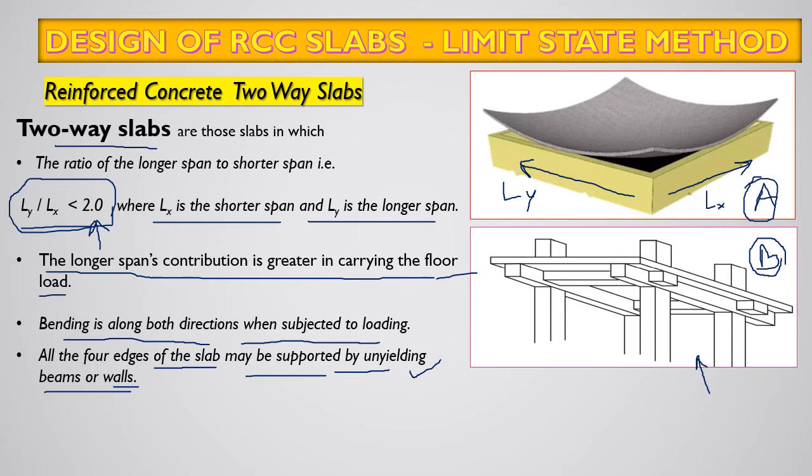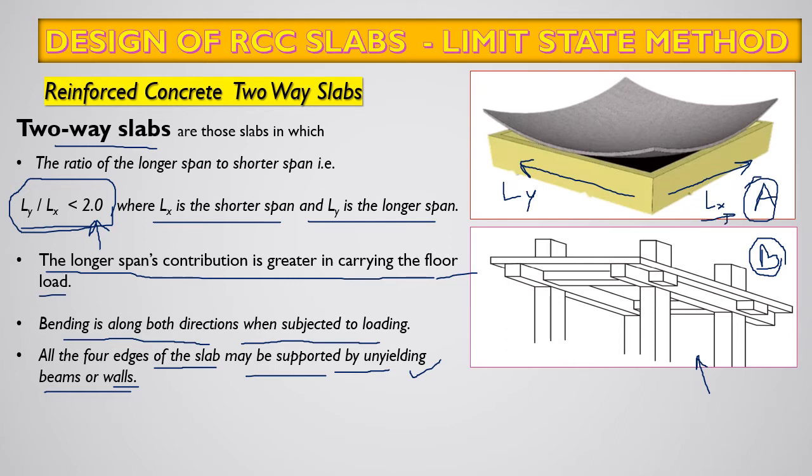So it is the case of a simply supported slab, but this slab is spanning in two directions. Earlier, in the one-way slab, it was spanning in one direction, that means it was supported in one direction. Now here it is supported in both directions, that is the LX direction as well as the LY direction.